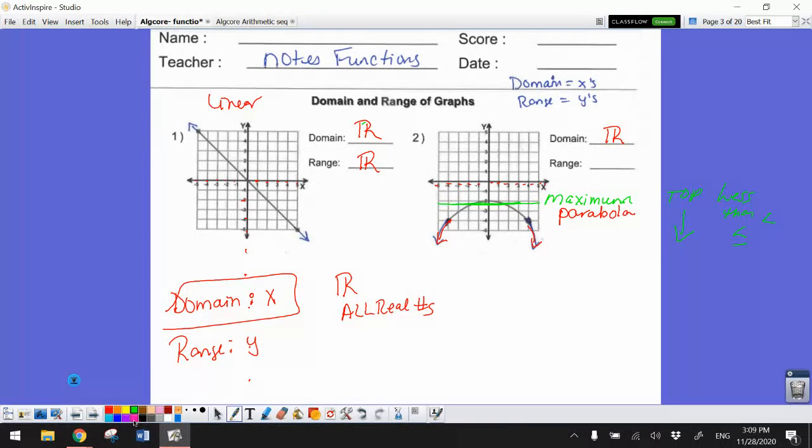Because we've got numbers that are less than, so this number is a -2. I've got -3 being used, -4, -5, -6, -7, and this keeps going. So I'm going to have the real numbers less than or equal to -2 because that is where the top of my parabola is. That's the maximum. And I'm going down.